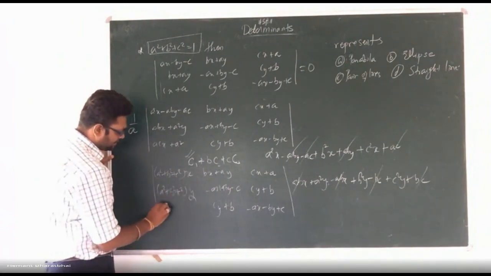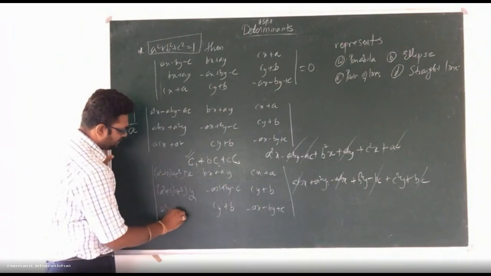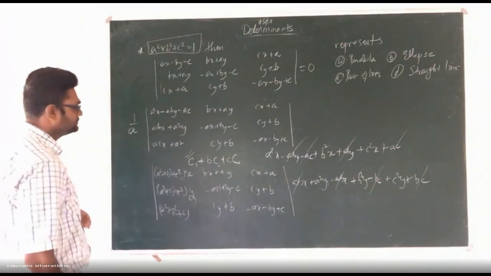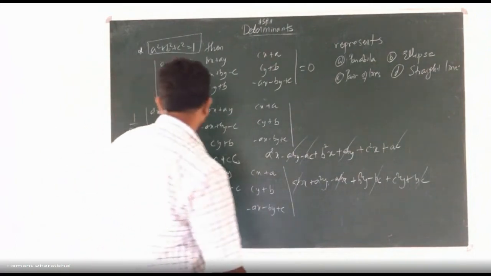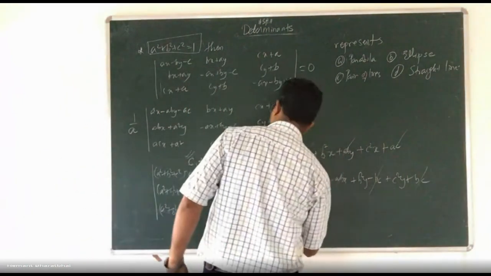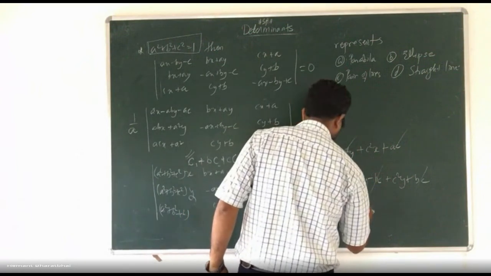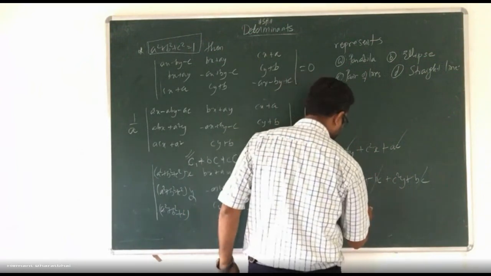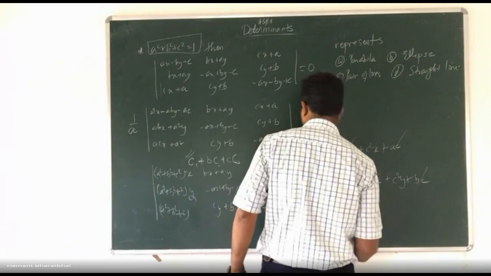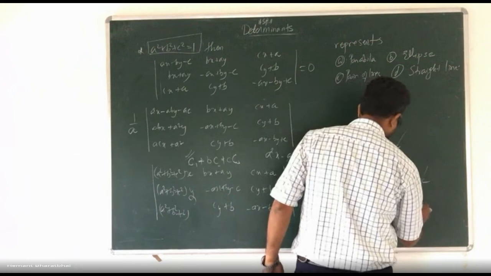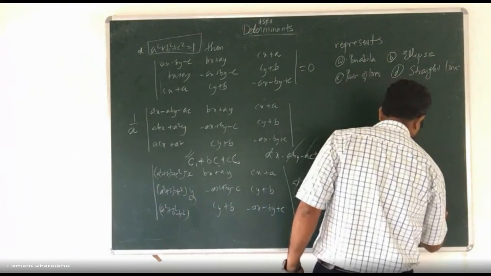Same thing for the third also, a square plus b square plus c square, and here anything common will remain. So I'll get this ACX plus a square plus bcy plus b square minus ACX minus bcy plus c square.